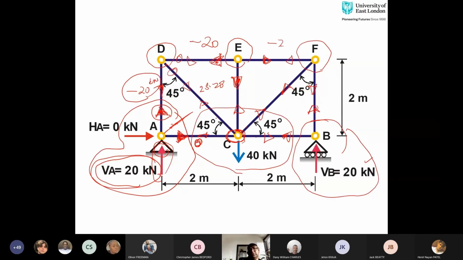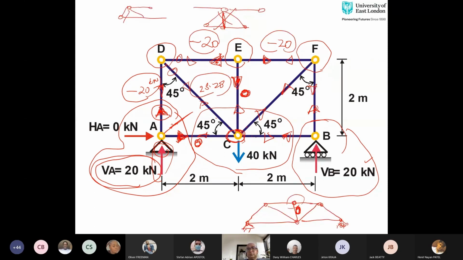FEF is negative 20. FEC is 0. Now this is really very important. If you have a truss where you don't have any inclined members and only one vertical member is connected, then that will have zero force. That member is a redundant member. The member is there for structural integrity of the structure.